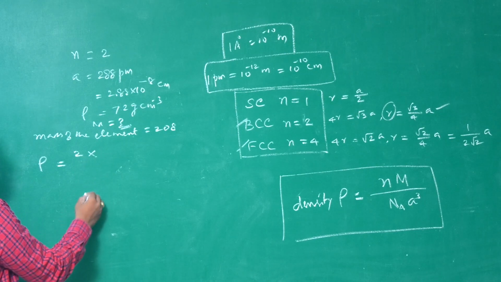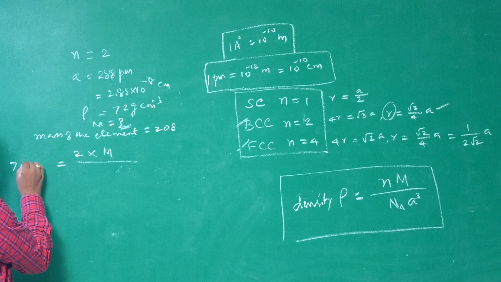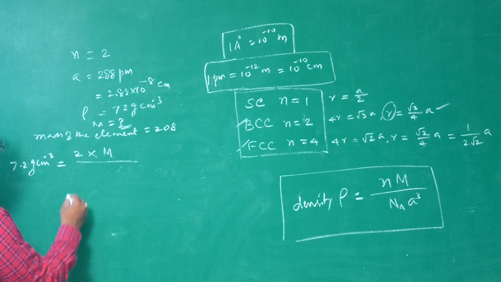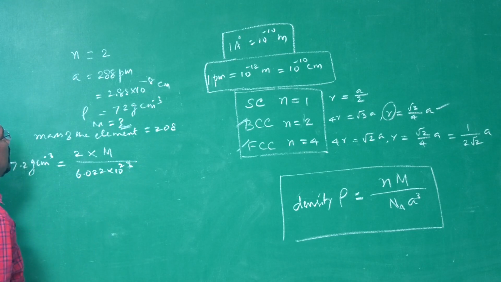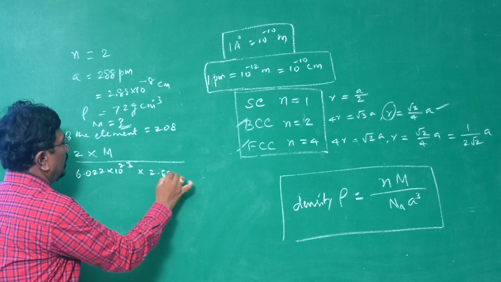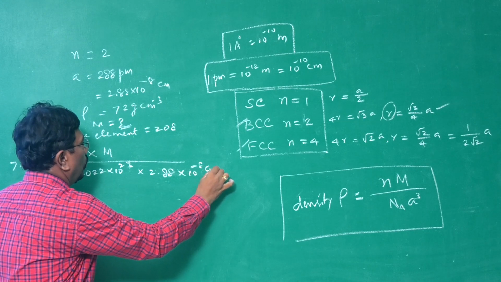So rho is equal to n, 2, into molar mass, which we don't know and have to calculate. Rho is given as 7.2 gram per centimeter cube, Avogadro number is 6.022 in 10 power 23, and edge length is 2.88 in 10 power minus 8 centimeter whole cube.